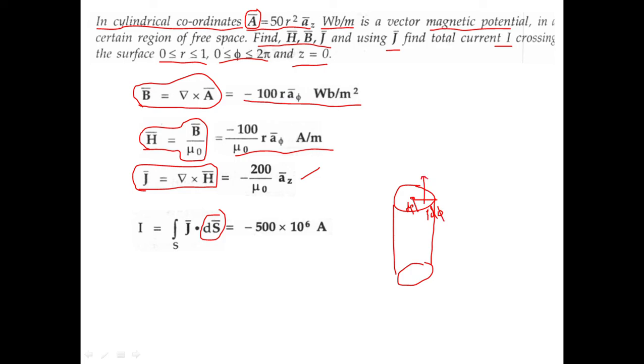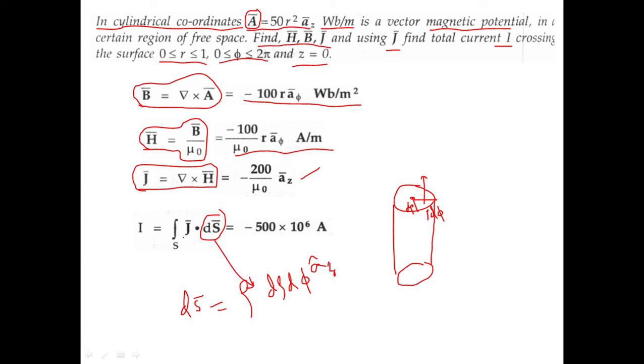So now what will be ds vector here? ds vector here will be rho d rho d phi Az cap. Rho d rho d phi Az cap is the answer for ds vector for this problem.